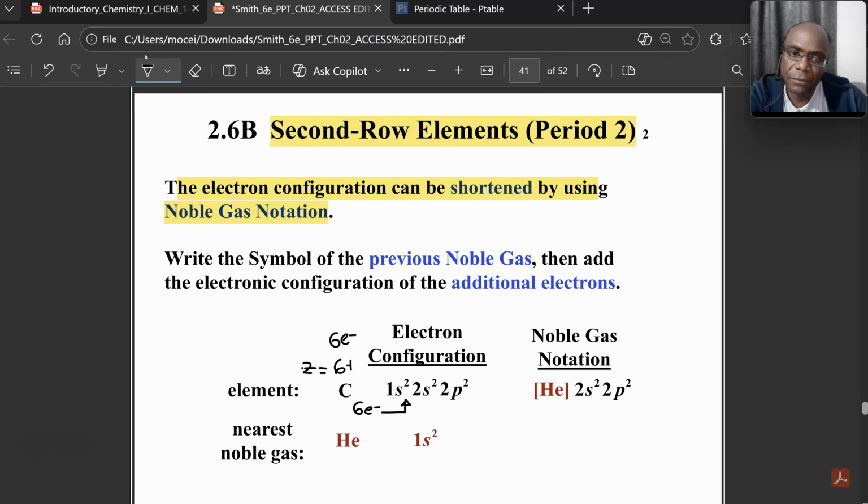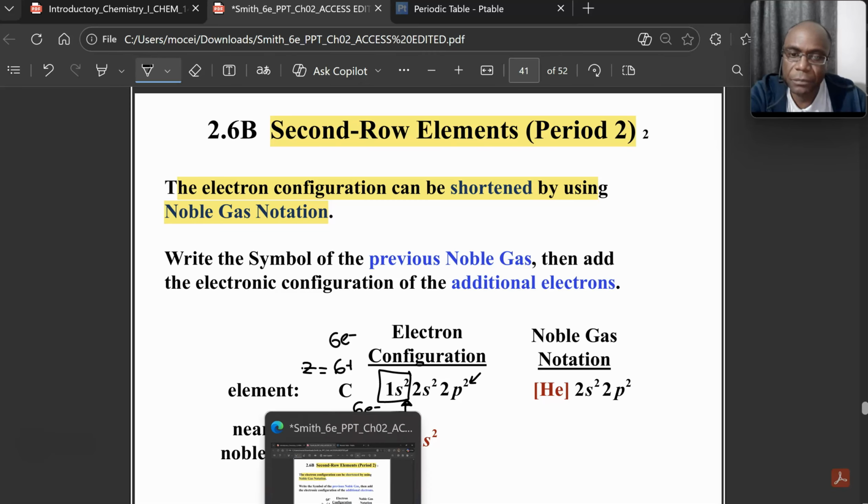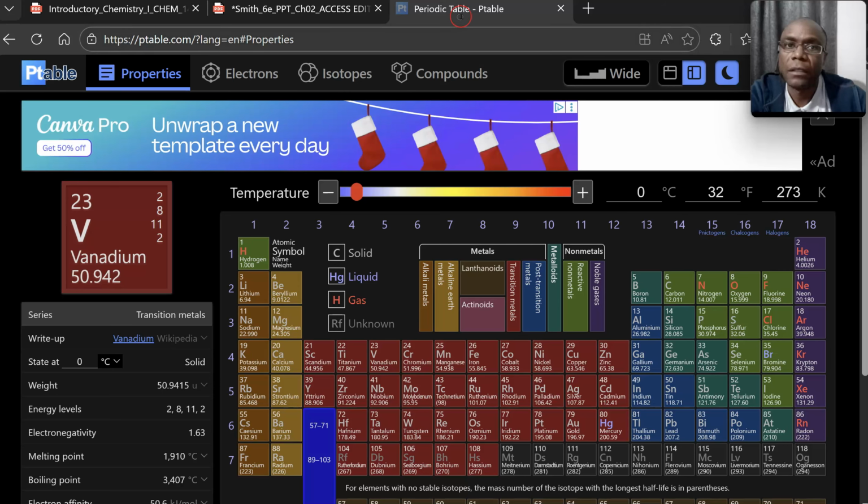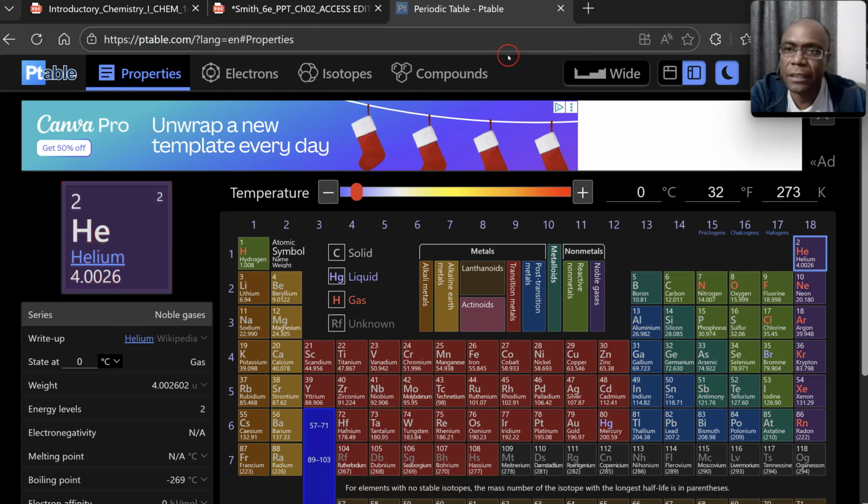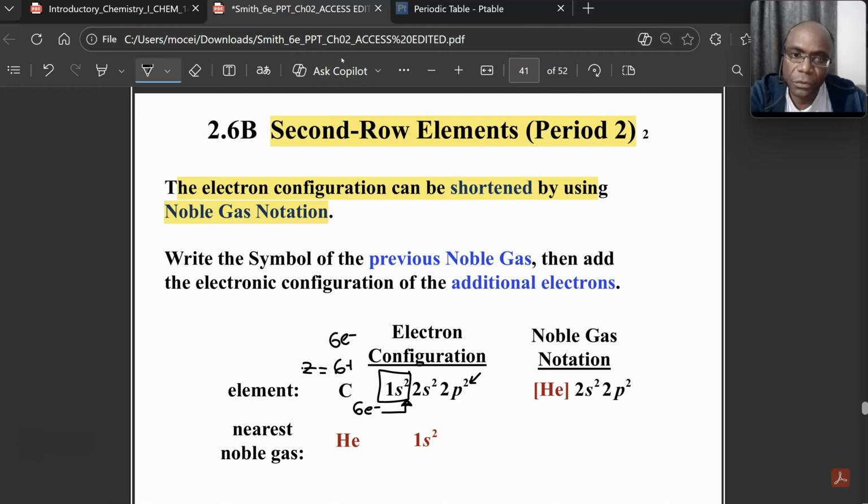Following the trend, the fully filled shell is only the first one. The p needs more because p would go to p6. The noble gas with 2 electrons in your periodic table is helium. Helium has 2 protons, 2 electrons. So you shorten that one as 2, represented with helium in brackets.